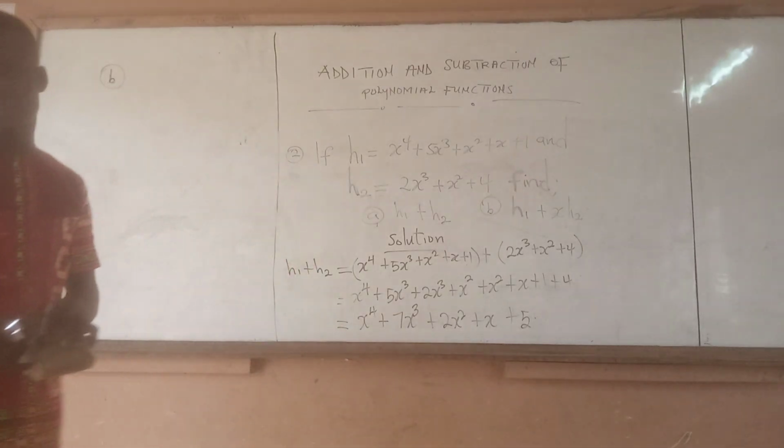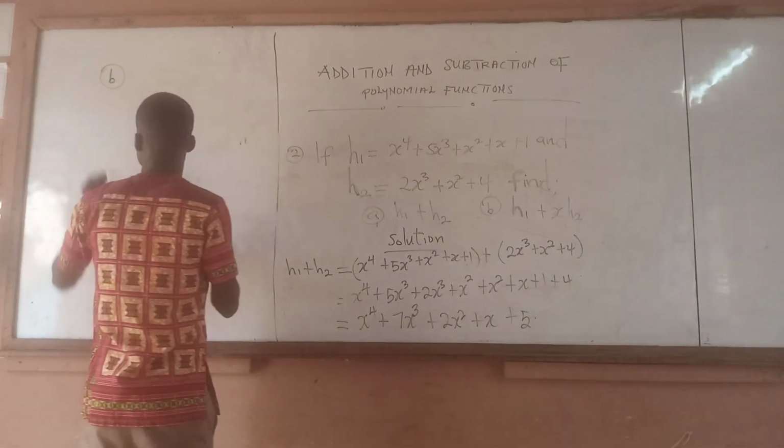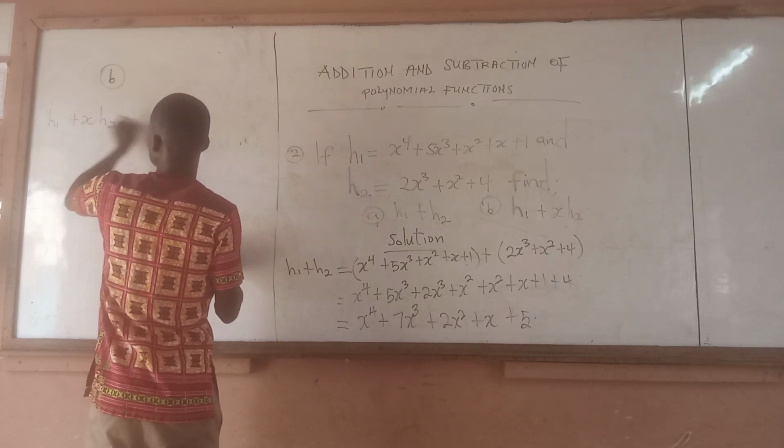So for the b part, we have to find h1 plus s times h2.